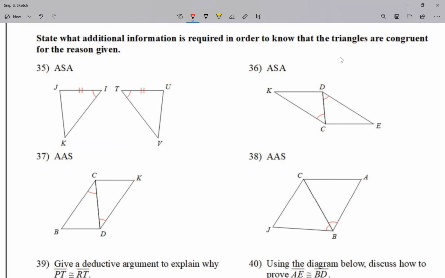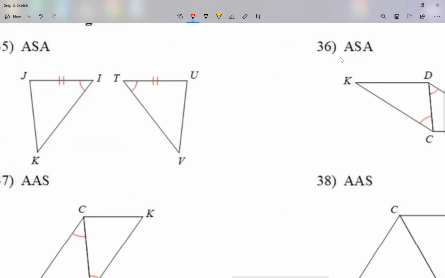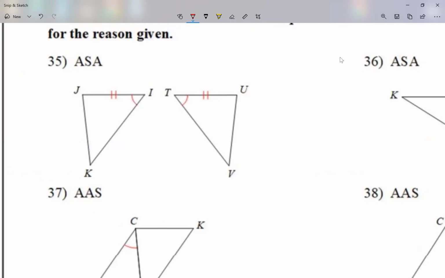Remember, indirectly means it's not marked, but you can legally mark it, right? Vertical angle theorem for the angle or reflexive theorem for the side. Now, again, there's two markings. What I'm asking is, which marking am I missing? I'm missing a mark for an angle or a side. Which one am I missing?